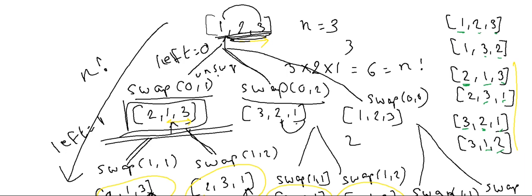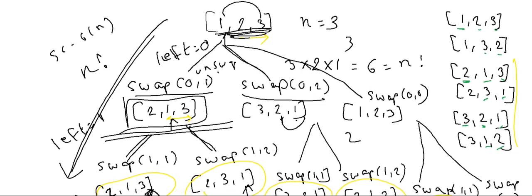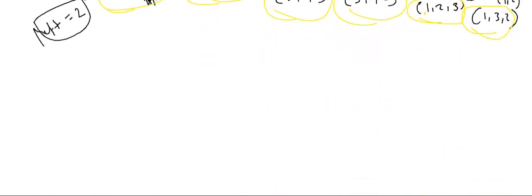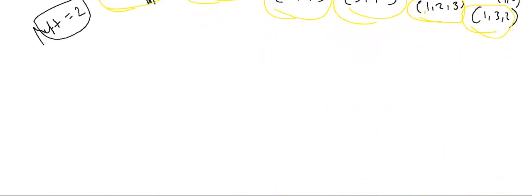And the space complexity is O of n, which is the height of the tree. So now if you go and write the code here, your recursive function is going to take this array, which is an integer array.